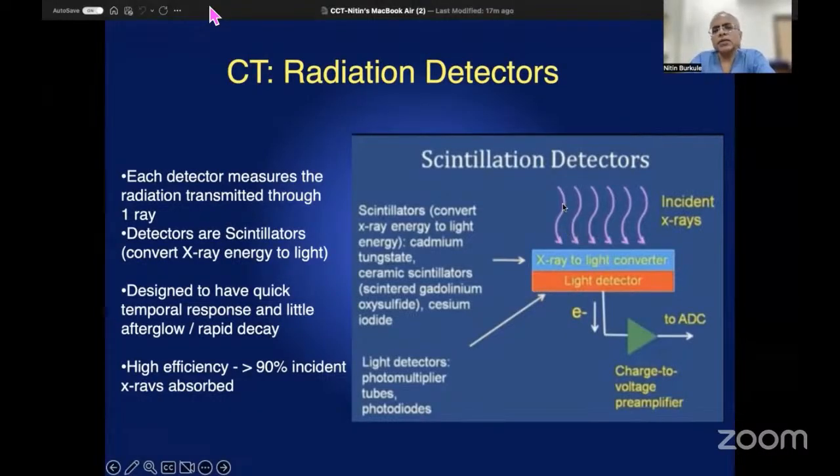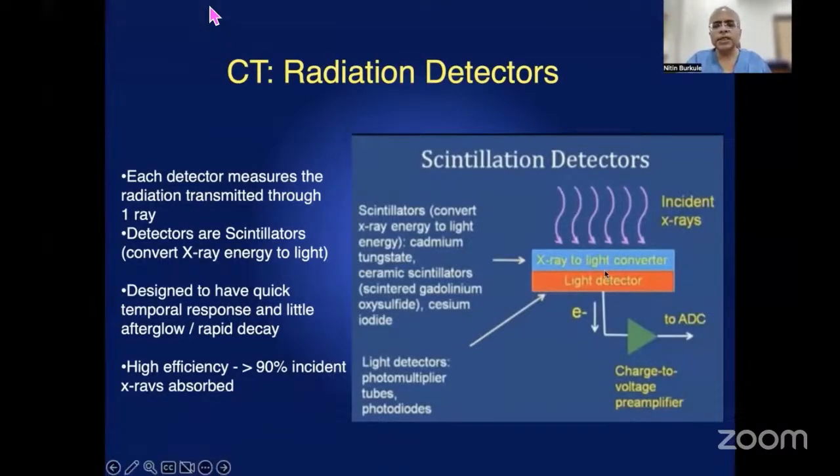When the X-ray beam falls onto them, they scintillate and create light. This fluctuation of the light intensity creates the analog signals, which are then picked up by the photomultiplier tubes or photodiodes, and then converted from analog to digital to get the digital data.